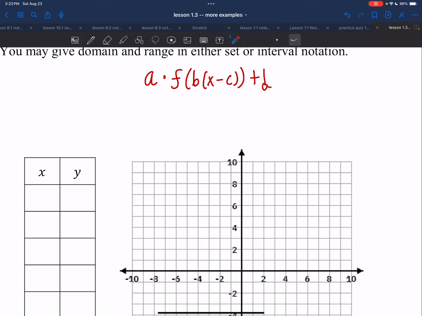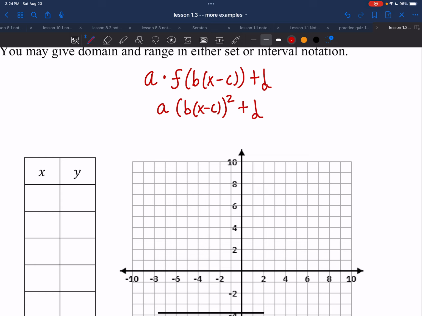For a quadratic, our function with this general format of a, b, c, d, would look like a multiplying b times x minus c, and then this quantity is squared, and then there's plus d on the outside. Yeah.